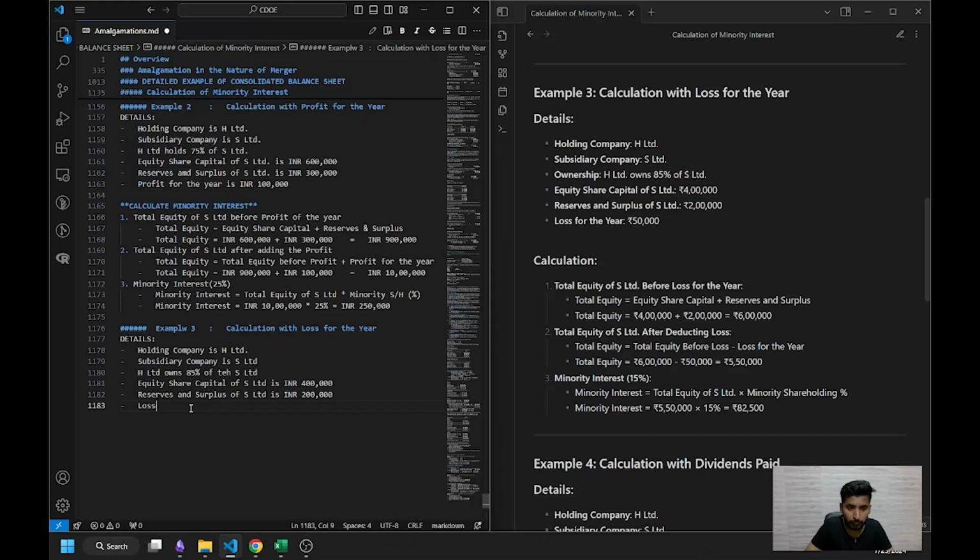Also, the loss for the year is rupees 50,000. And we need to calculate minority interest.